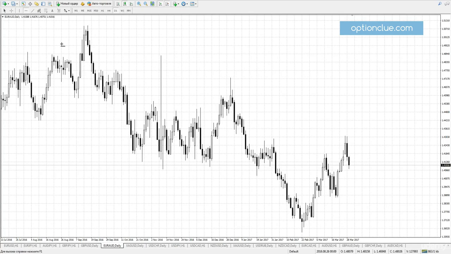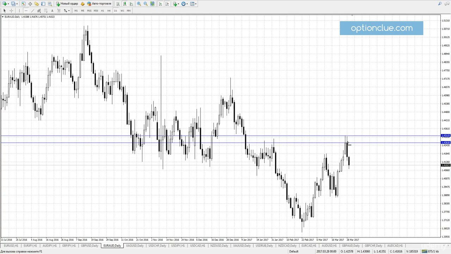Let's determine the upper border of the resistance level along the shadow of the bull candle that is involved in the reversal. The price is 1.4313. Let's emphasize the lower border of this level. It's plotted according to candle borders in this reversal. The price is 1.4257.